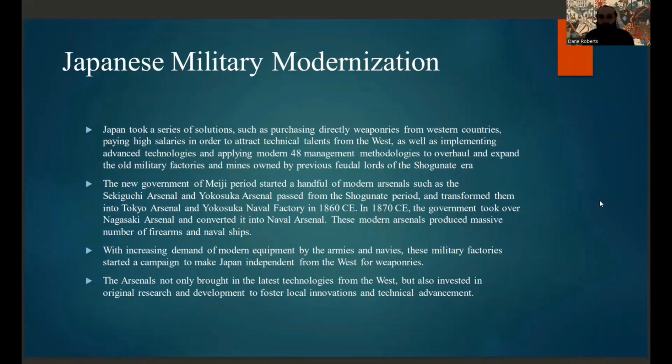The new government of Meiji started a handful of modern arsenals, such as the Sekiguchi arsenal and the Yokosuka arsenal, which had originally been passed on from the shogunate period, and they transferred them into the Tokyo arsenal and the Yokosuka naval factory in 1860 CE.